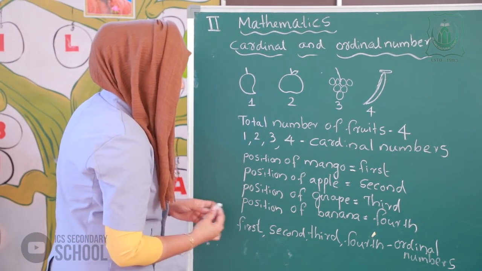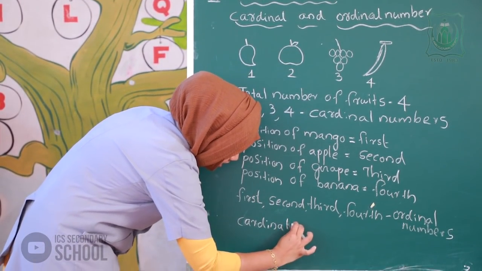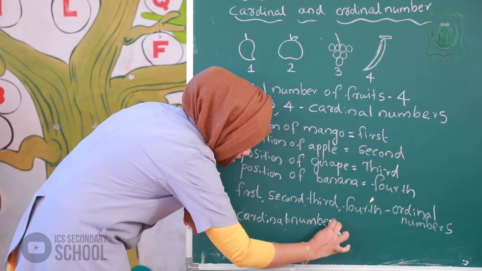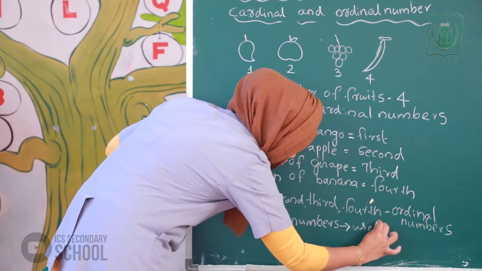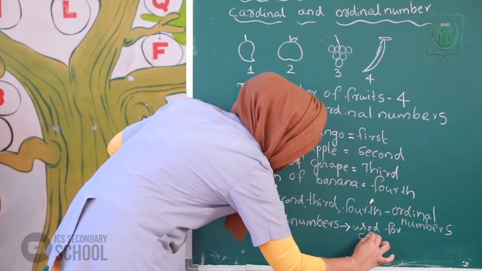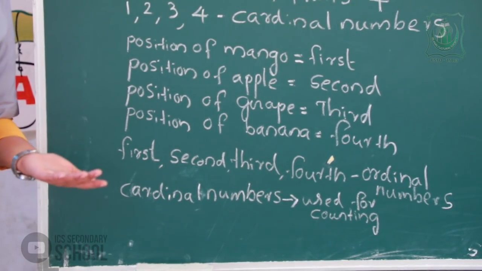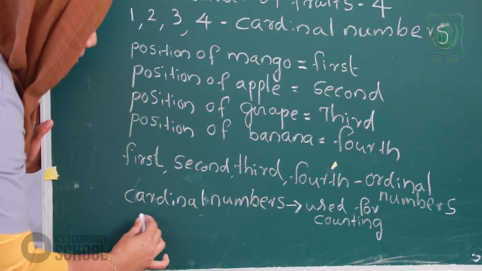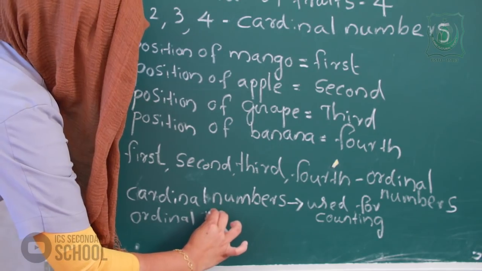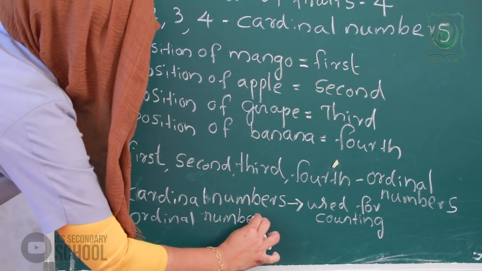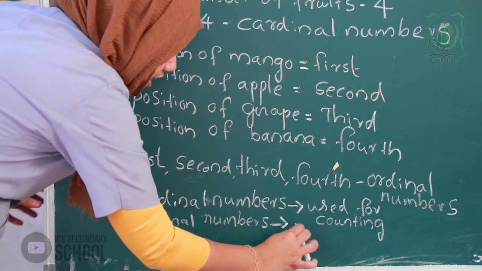Okay. So, the cardinal numbers are used for counting. And the ordinal numbers are position or order. Ordinal numbers, that means position or order.